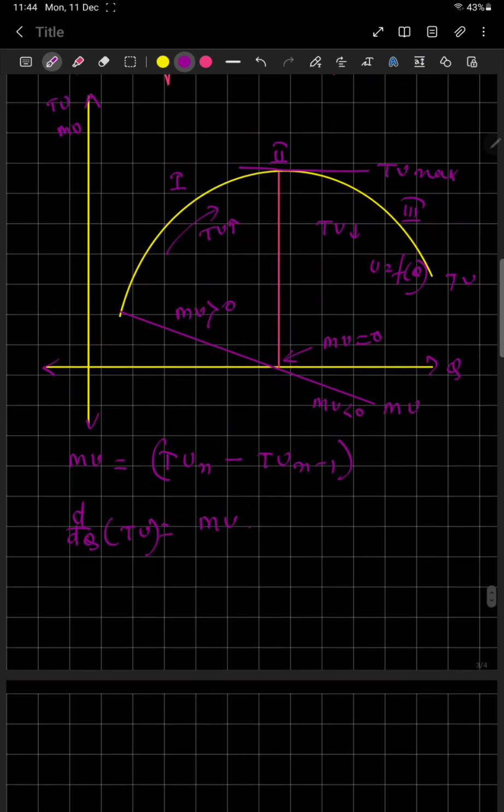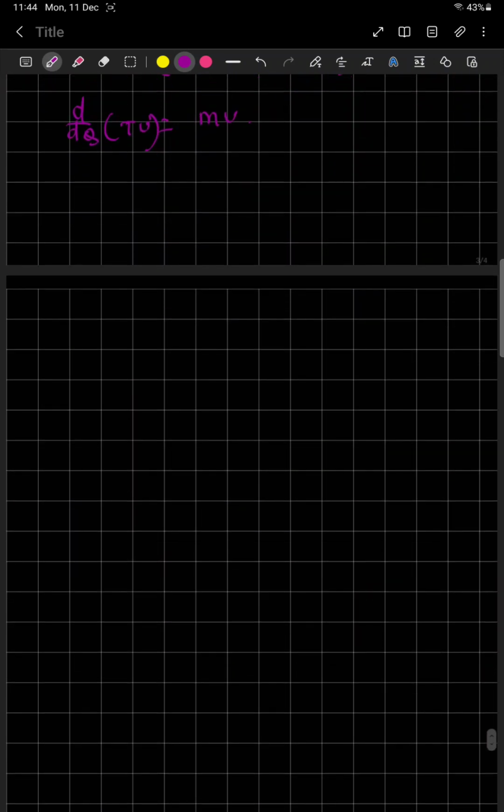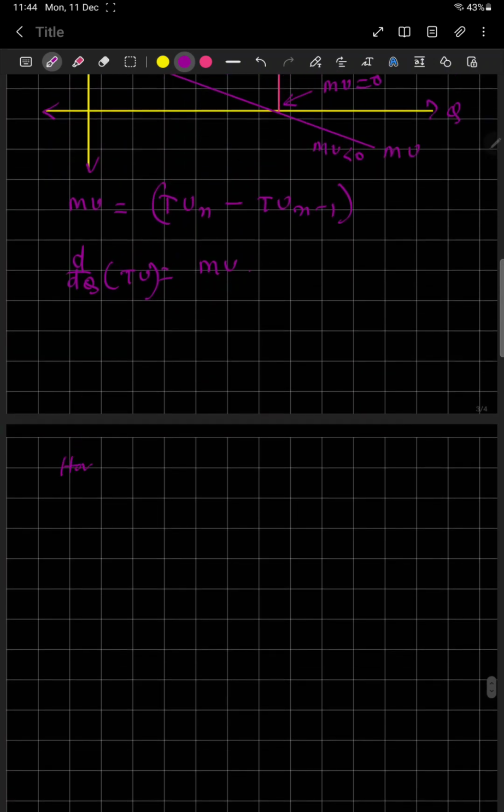So now coming back to the cardinal utility approach, how do we derive the demand curve?